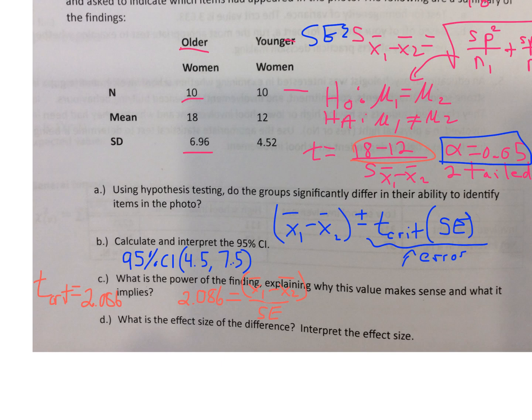This part is a little confusing for people when they're first learning to find the power, but whatever value we get for the x bar 1 minus x bar 2, that is going to be the value that would make us reject the null.